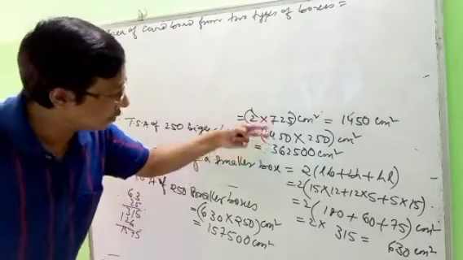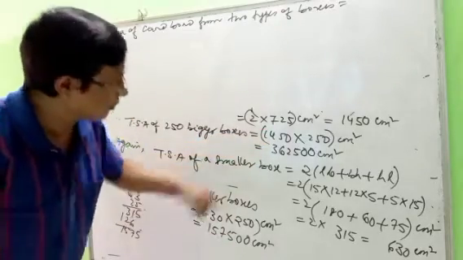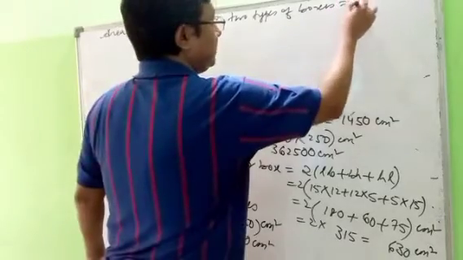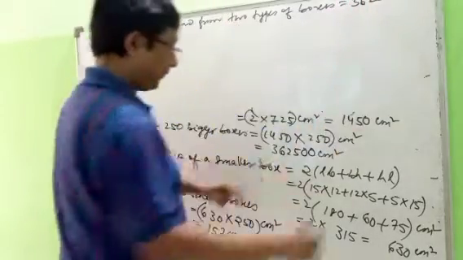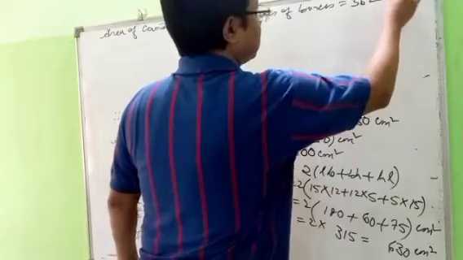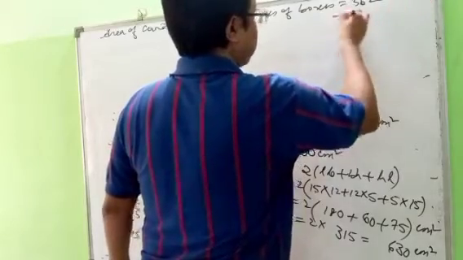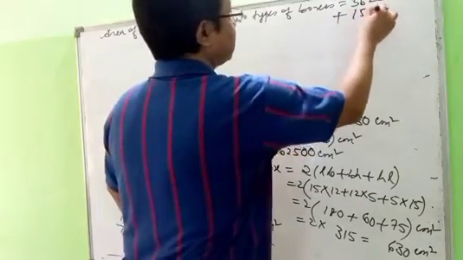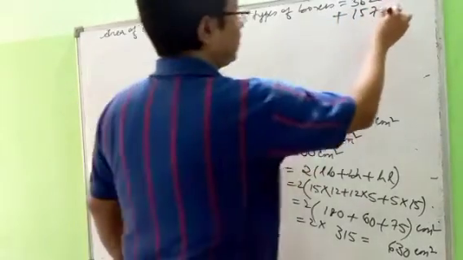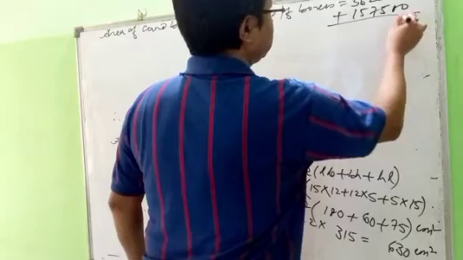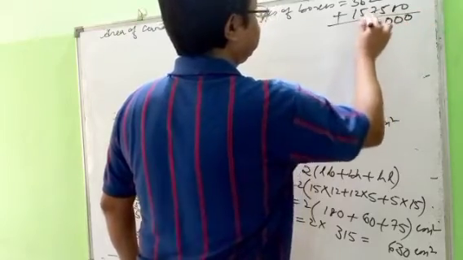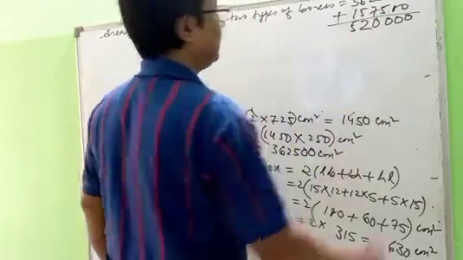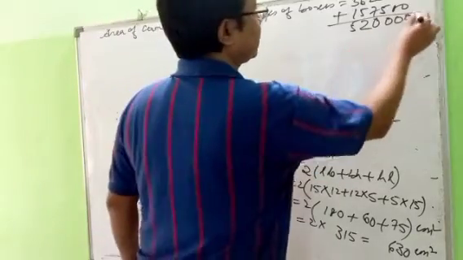So you will be adding these two. It will be 362,500 plus 157500, so you have got 5,20,000 centimeters square.